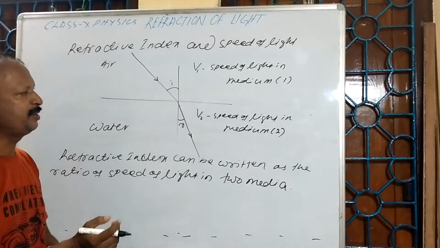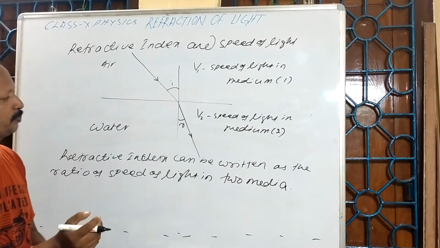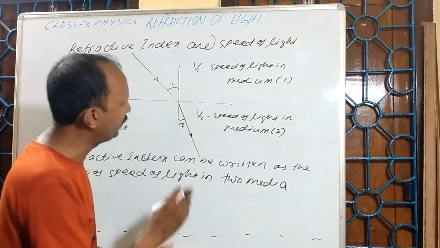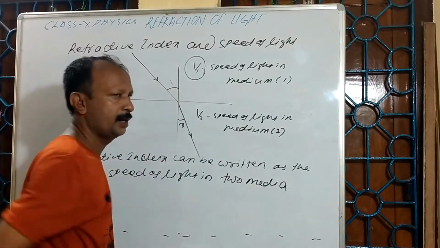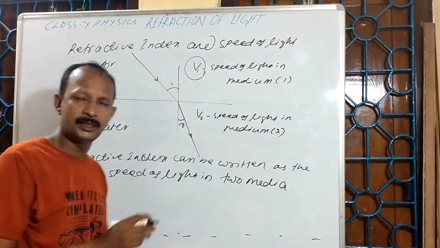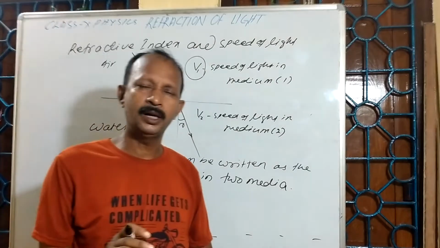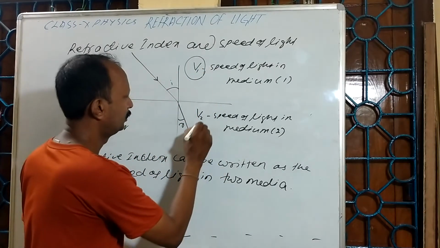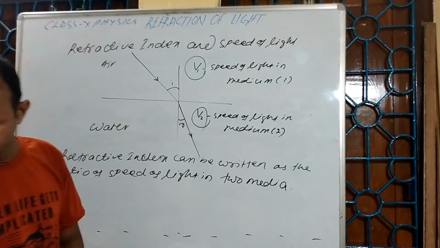Speed of light in medium 1 to the speed of light in medium 2. I have written V1 is the speed of light in medium 1, whereas V2 I have written as the speed of light in medium 2.